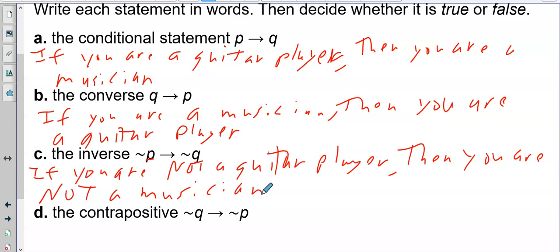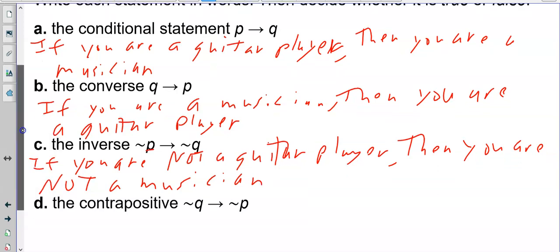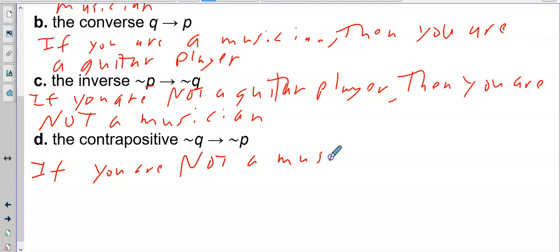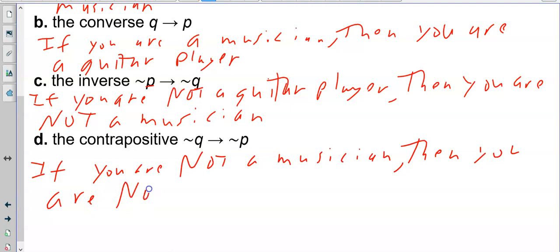All right, and now the contrapositive, we're going to flip it and negate it. So we're going to kind of take the converse and add not. So if you are a musician becomes if you are not a musician, then you are not a guitar player.